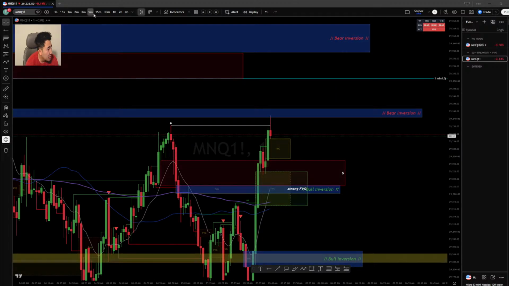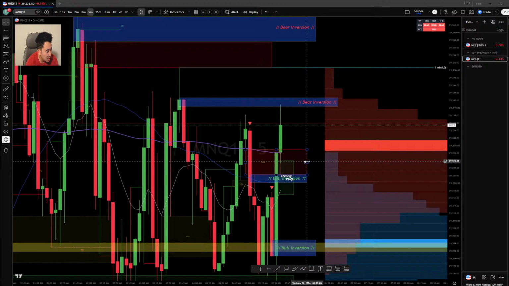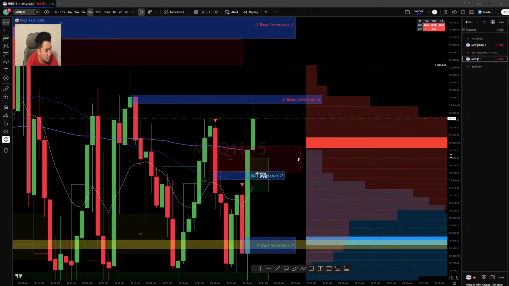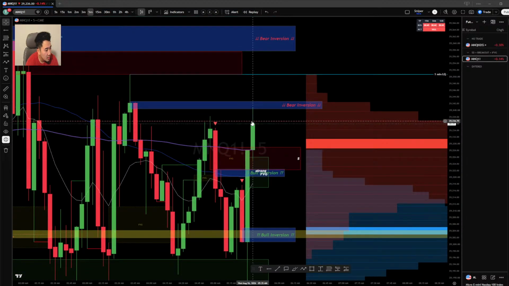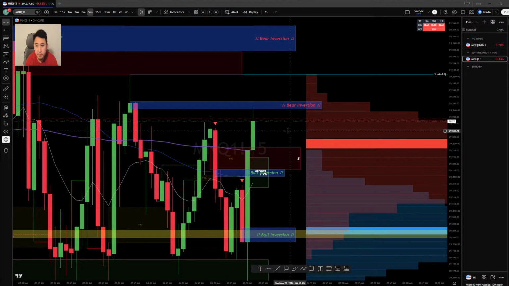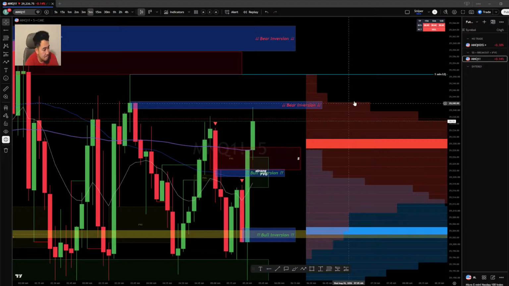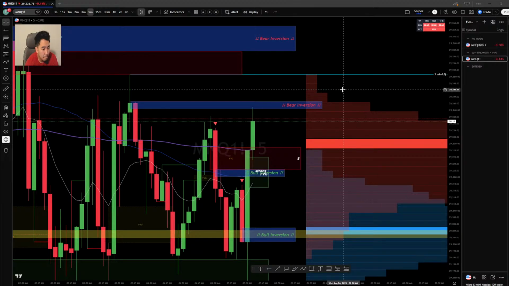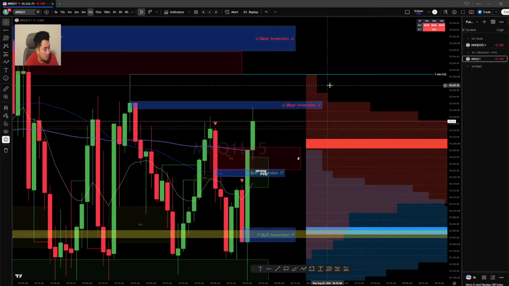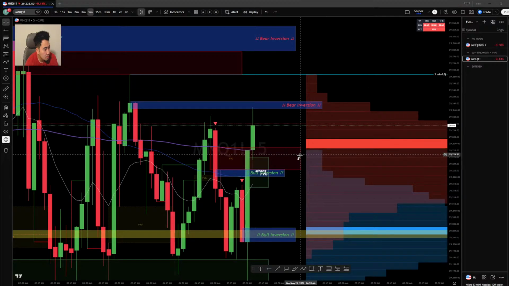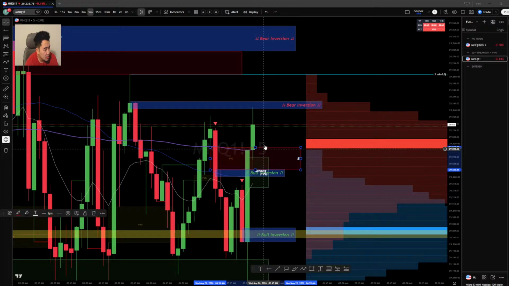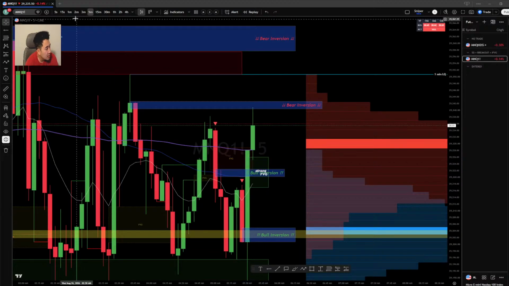The 5 minute gap looks like it's most likely going to be deleted off this candle. Yeah, it's going to close over it, so we'll delete it there. Don't have to worry about that anymore.